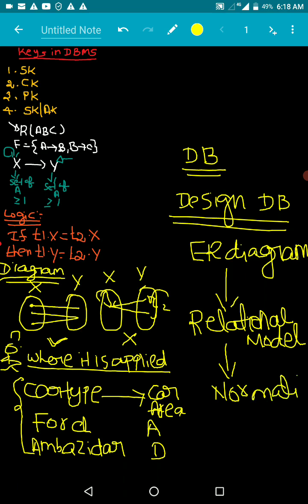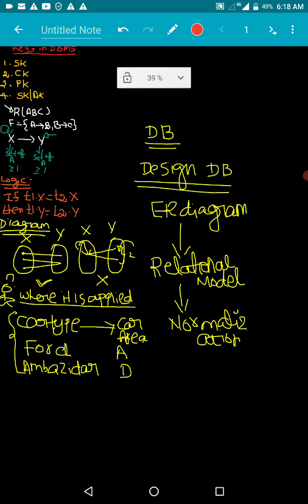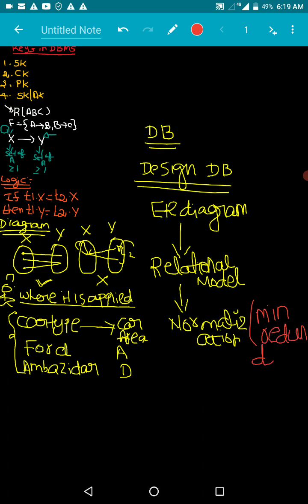Sir, what is meant by normalization? Generally, the ultimate aim of normalization is to minimize the redundancy in a database. Sir, why do we need to minimize redundancy in the database? If your database contains redundancy, what will happen? It will occupy more hard disk space.